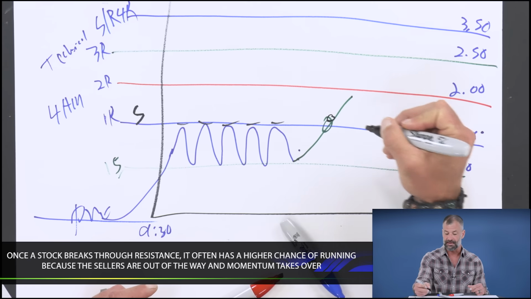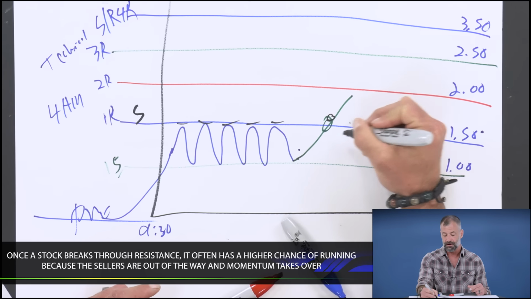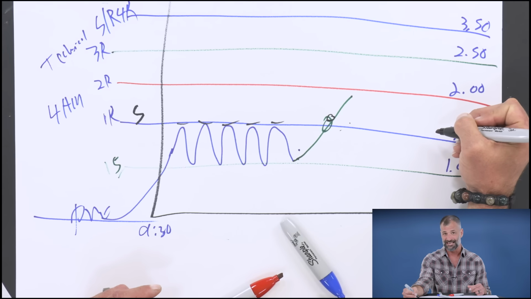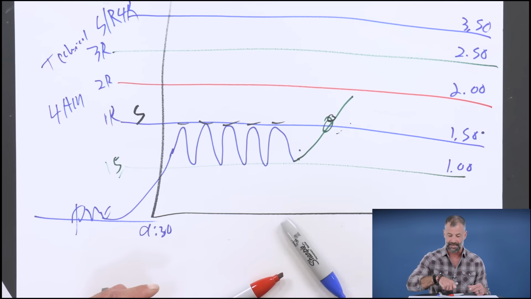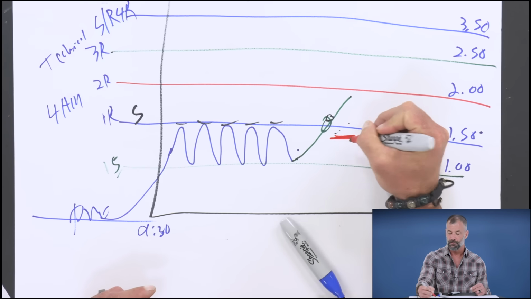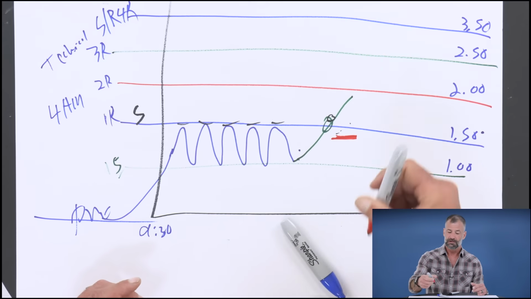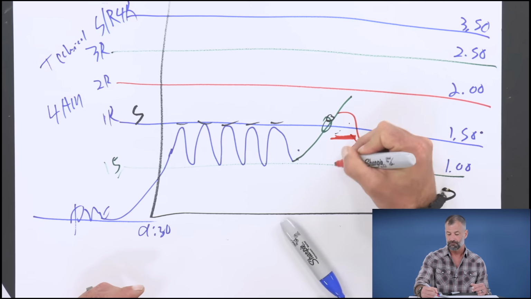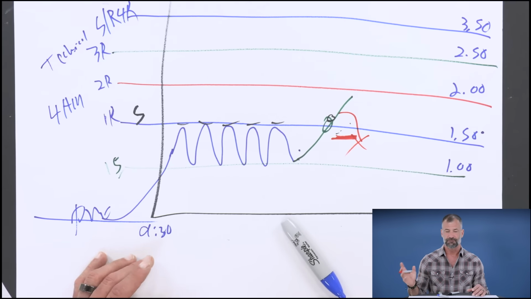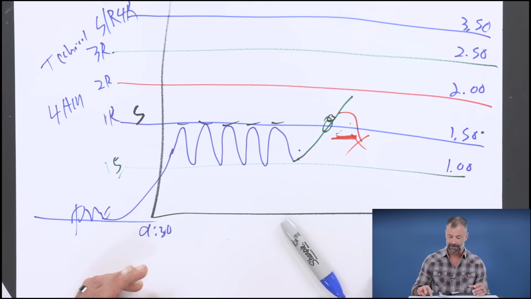So you buy the break of that, and since when technical resistance breaks, it tends to become support, we can now set our stop, let me switch to red, right below that breakdown. So if this stock breaks out of the channel and then falls back, stop, nice and tight, it failed support, we move on to the next trade.